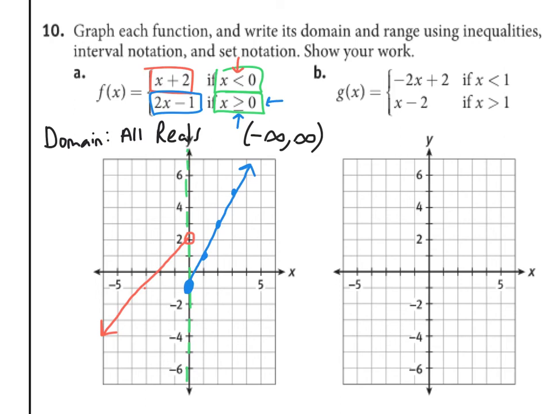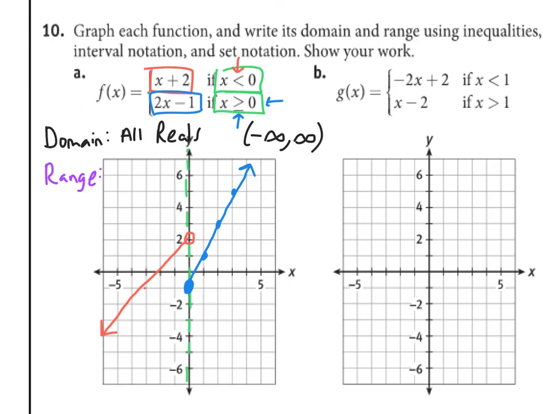Now the other piece, the range. Let's finish the range. Let's get a cool color here. How about we go purple? So the range of this: does it go up and down through all y values, or is there a max or minimum? Well, it looks like the blue piece is going to go up through all the positive y numbers, and the red piece is going to hit all the negative numbers.